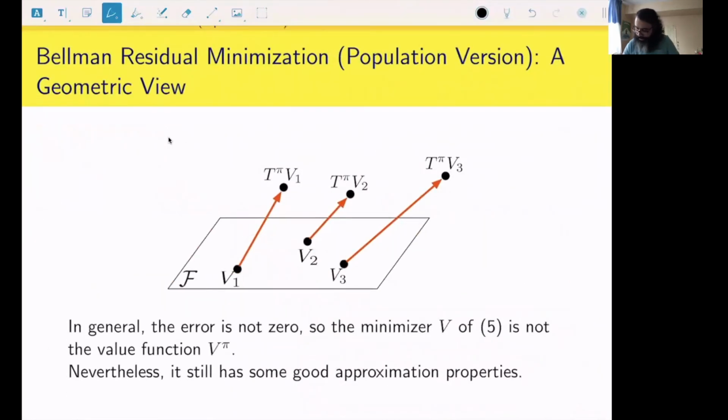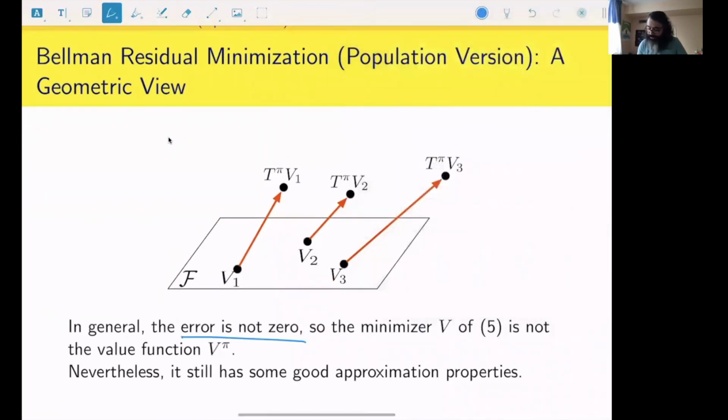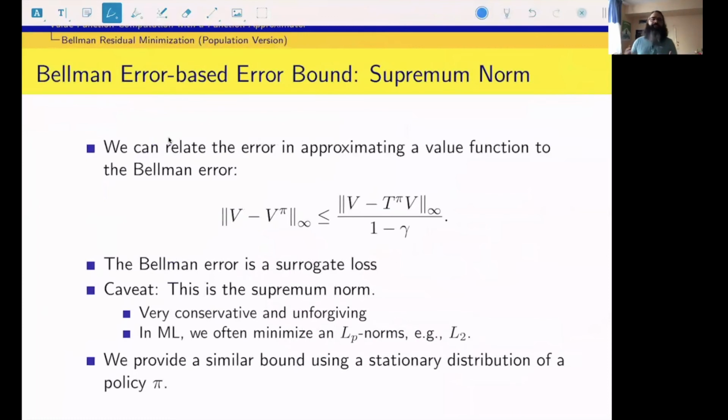Okay, perfect. So in general, the minimizer error is not zero. The minimizer V is not the value function V^pi, but there are still some good approximation properties, and I'm going to talk about two of them. One of them we have already seen before, in lecture 2.